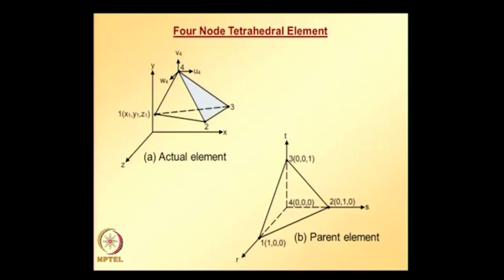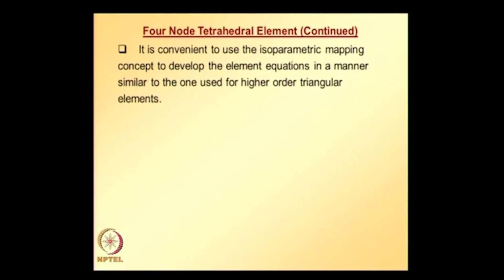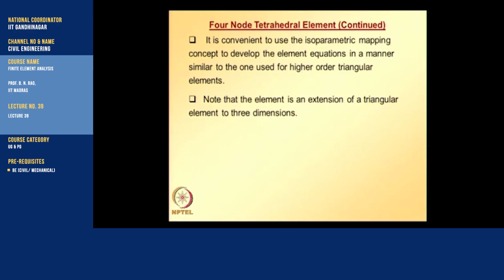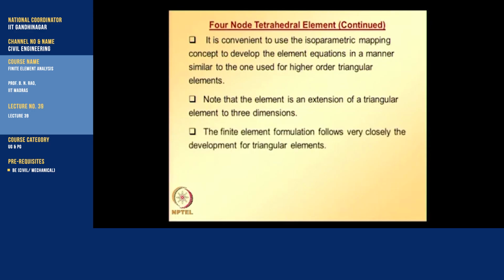So, this 4 node tetrahedral element is an extension of linear triangular element, which we already looked at for 2 dimensional problems, to 3 dimensions, extension of triangular element to 3 dimensions.